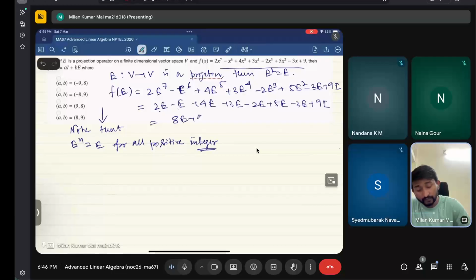So 8E plus 9I. So this gives a is equal to 9 and b is equal to 8. So the third option is the correct option. So this is very trivial. I hope there is no doubt. Even still, if you have doubt, you can ask.